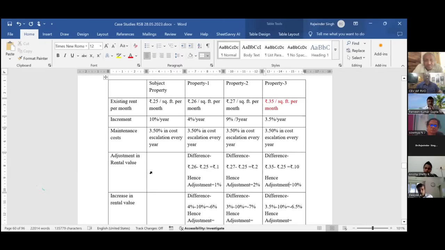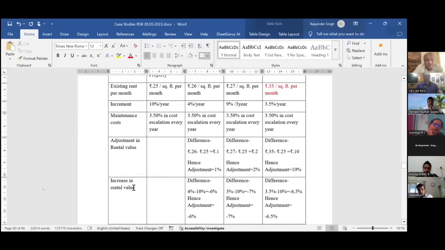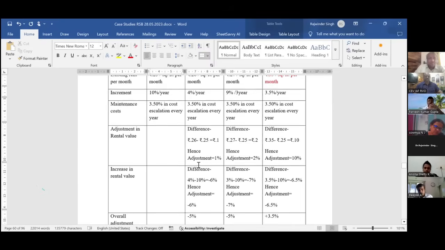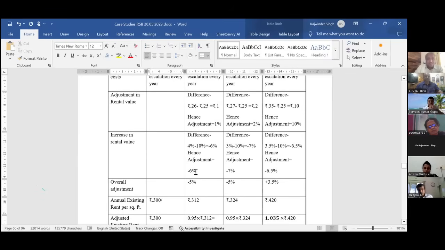This is the adjustment in rental value. Similarly, for increase in rental values, here it is 4%, the subject is 10%, it means minus 6%. So adjustment will be minus 6%.